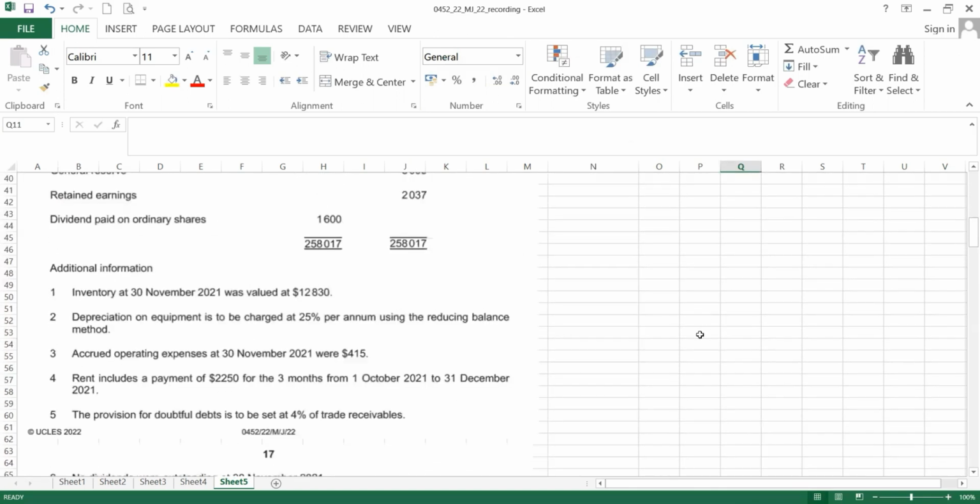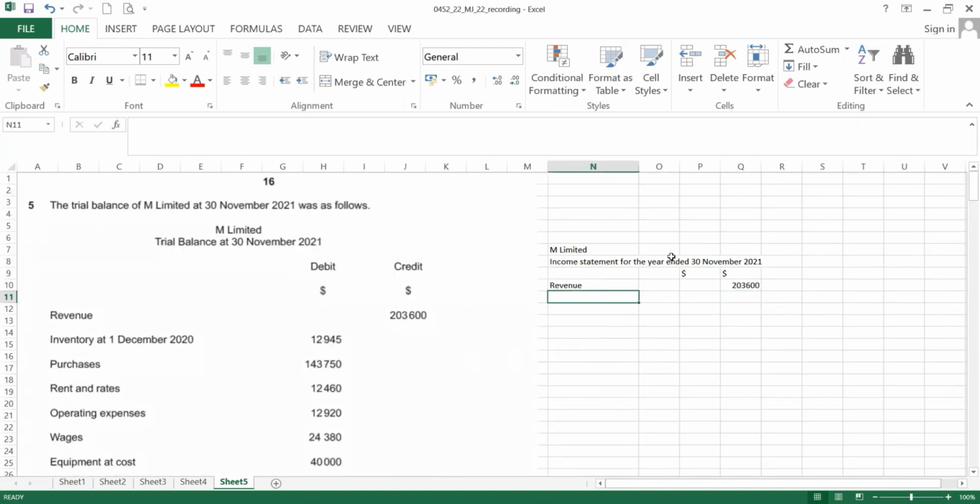Additional information, later we do the adjustment. So less cost of sales. For cost of sales, we have inventory at 1st December 2020, next we have purchases, and then inventory at 30th November 2021, which we do later.